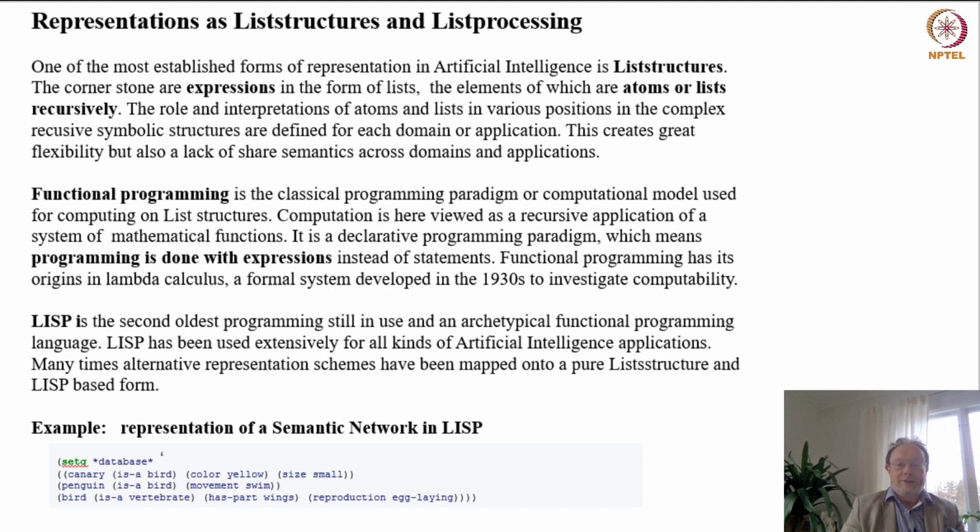So typically what you end up with is a gigantic structure of nested lists. The role and interpretation of the atoms and lists in various positions in these structures are typically defined for each domain.